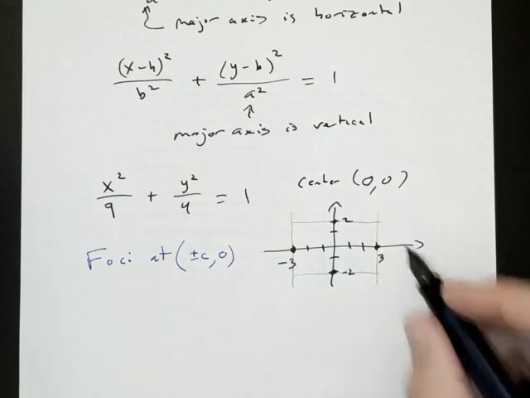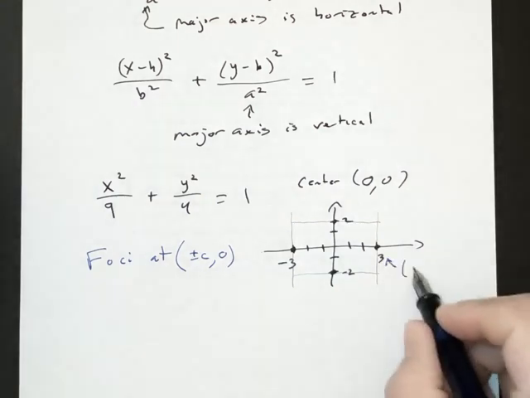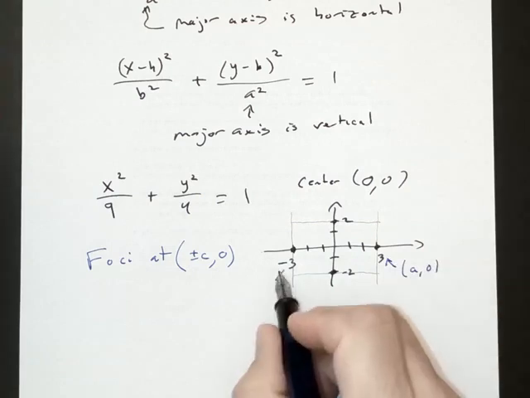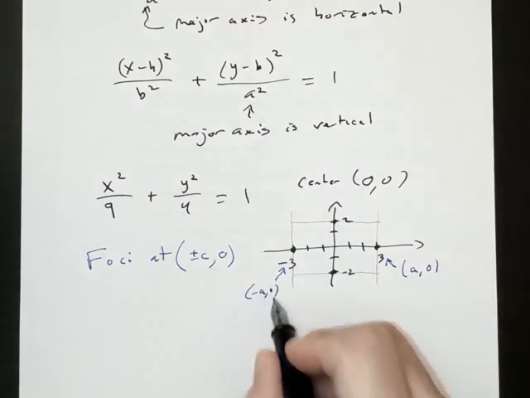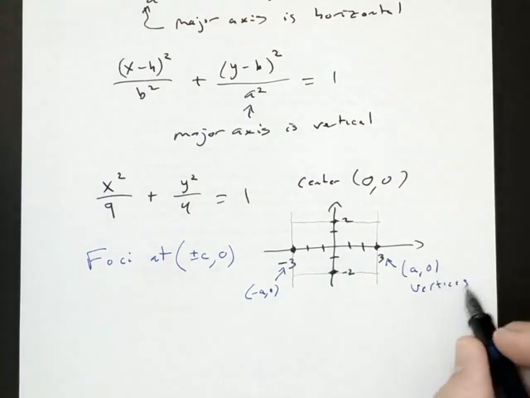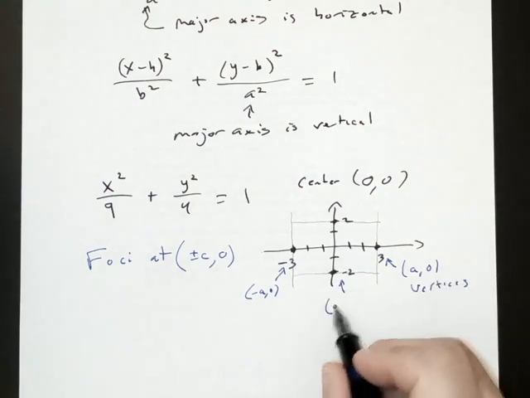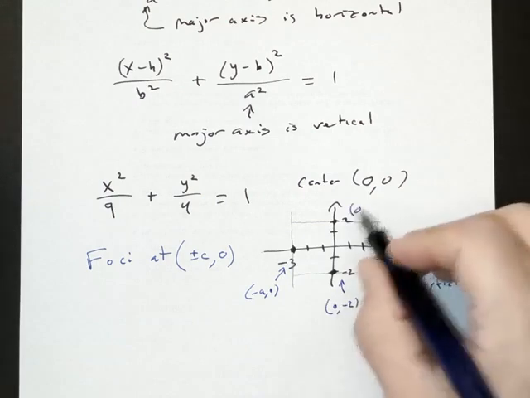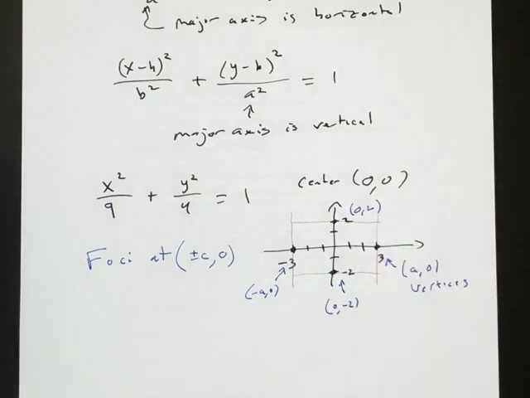By the way, these points, those are called the vertices. And these points don't technically have names, but they're on the minor axis, right?